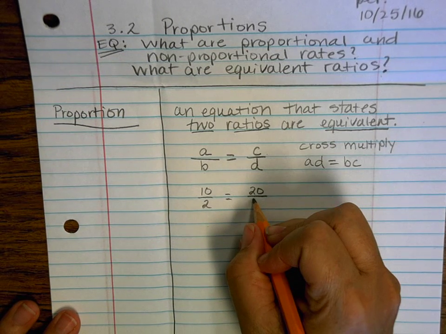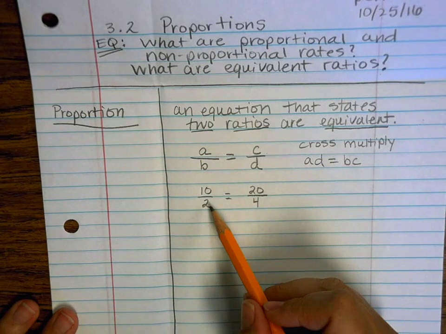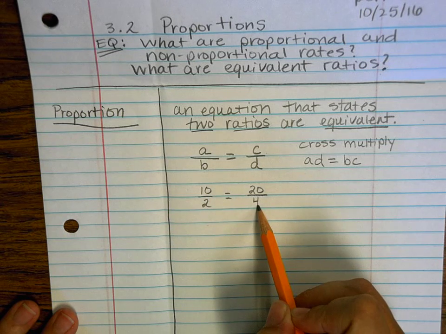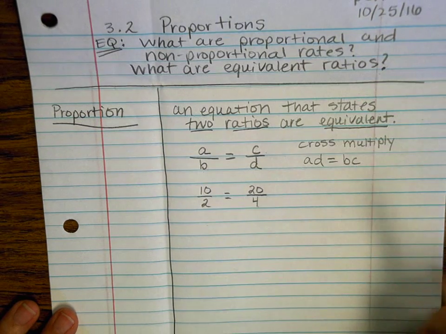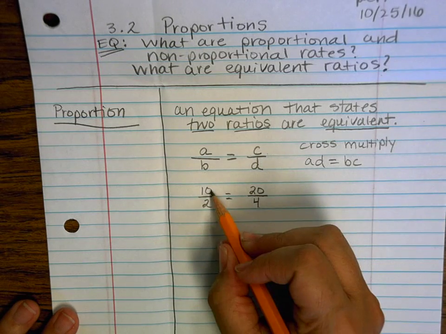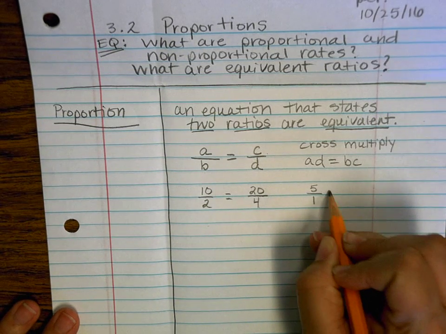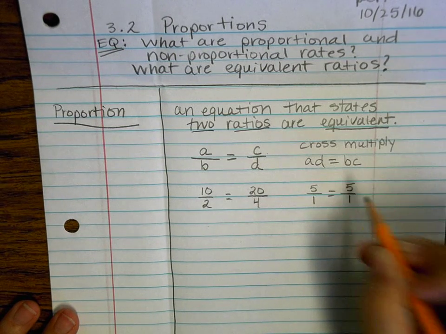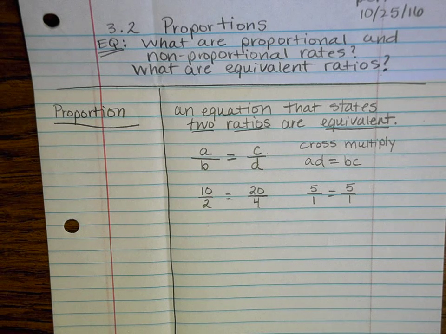Now I could cross multiply, because 2 times 20 is 40 and 10 times 4 is 40. Or I could just simplify. What is 10 over 2? 5 over 1. That's our unit rate. And what is 20 over 4? 5 over 1. Okay, so two ways: cross multiplying or just simplifying to that unit rate.